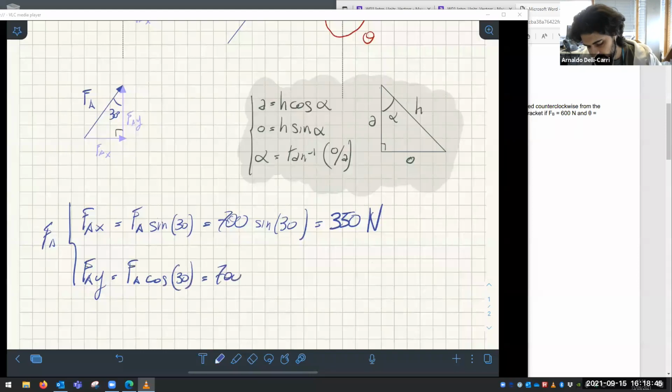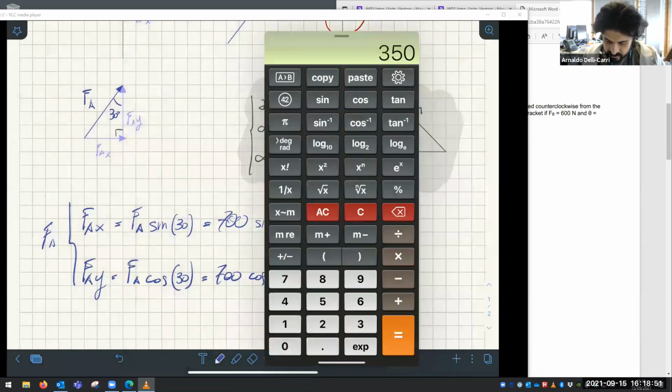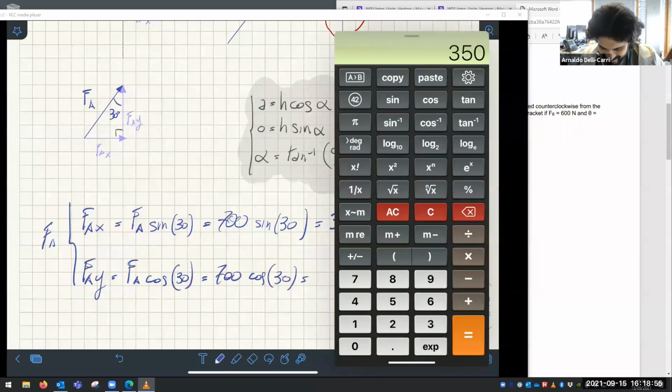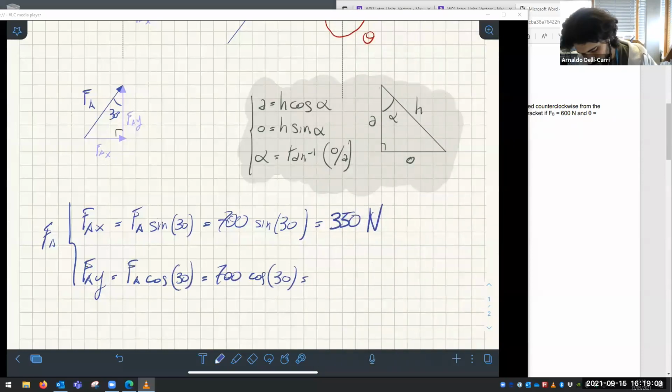In numbers, we have 700 cosine of 30. Let's put the calculator on again. So 700 times 30 cosine. There you go, 606.2.